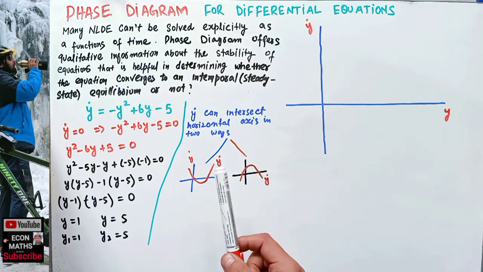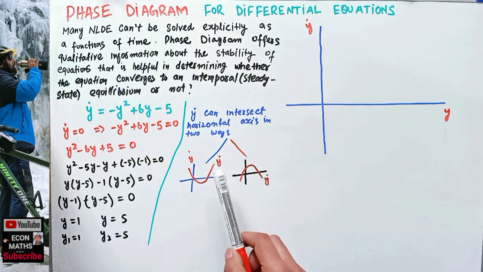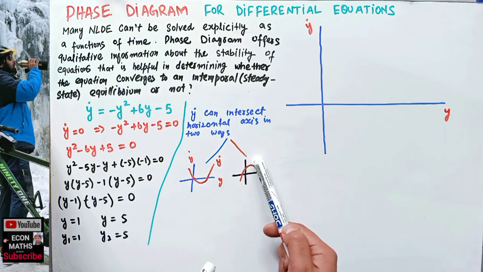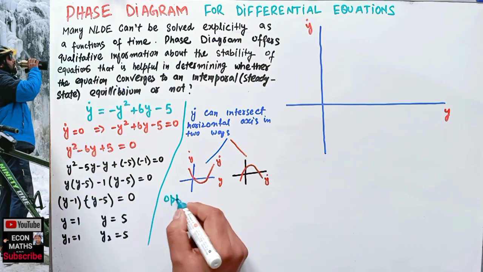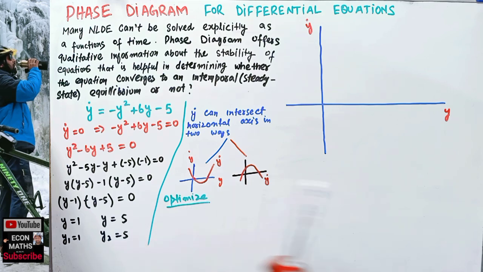Now we need to determine whether the point is a minimum point or maximum point. For that, we want to optimize this y dot, to find out whether it is at maximum or minimum. We simply take the derivative of y dot.